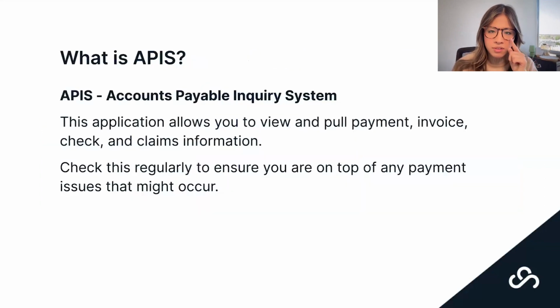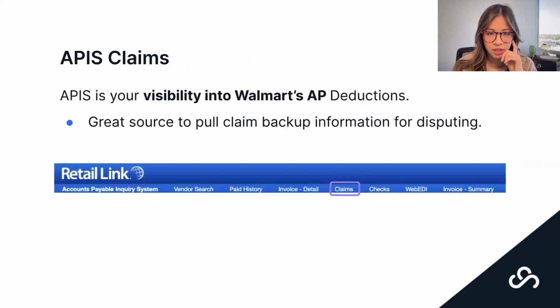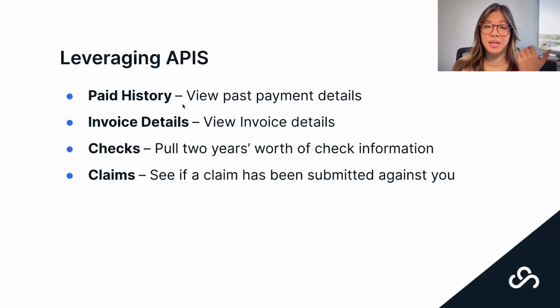This is what this system looks like. You can see here there's vendor search, paid history, invoice detail, claims, checks, web EDI, and invoice summary. Your paid history is going to show any of your past payment details. Your invoice details will show anything that you have sent over to Walmart.